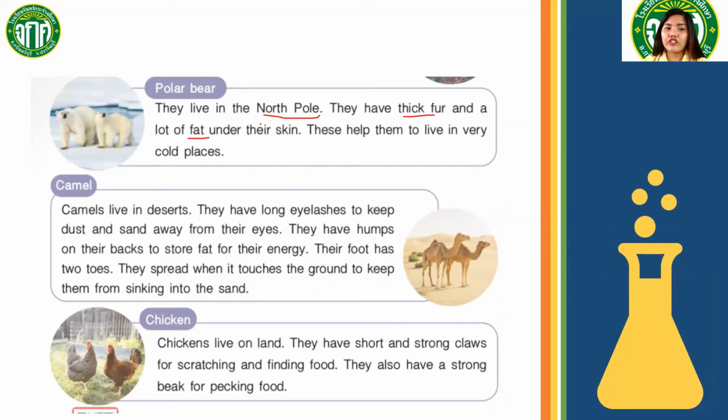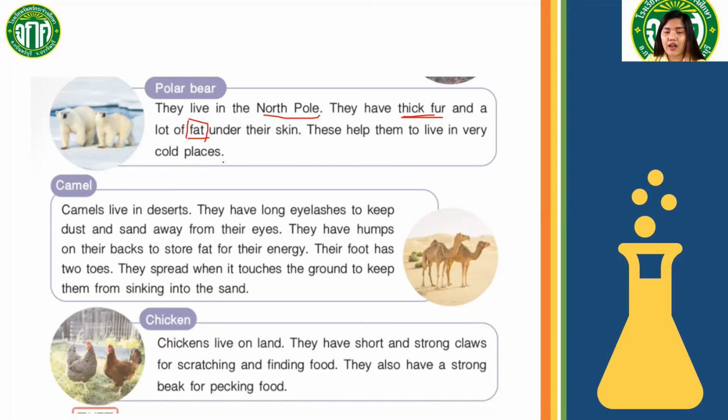For the polar bear to be able to survive in the cold places, they have this thick fur and a lot of fat under their skin. This helps them to keep warm, even when the temperature is very low.